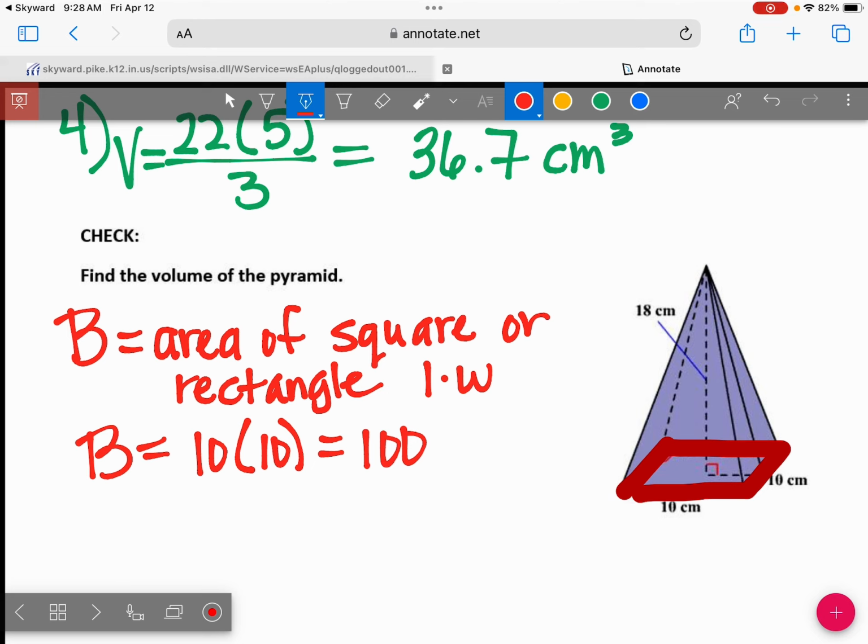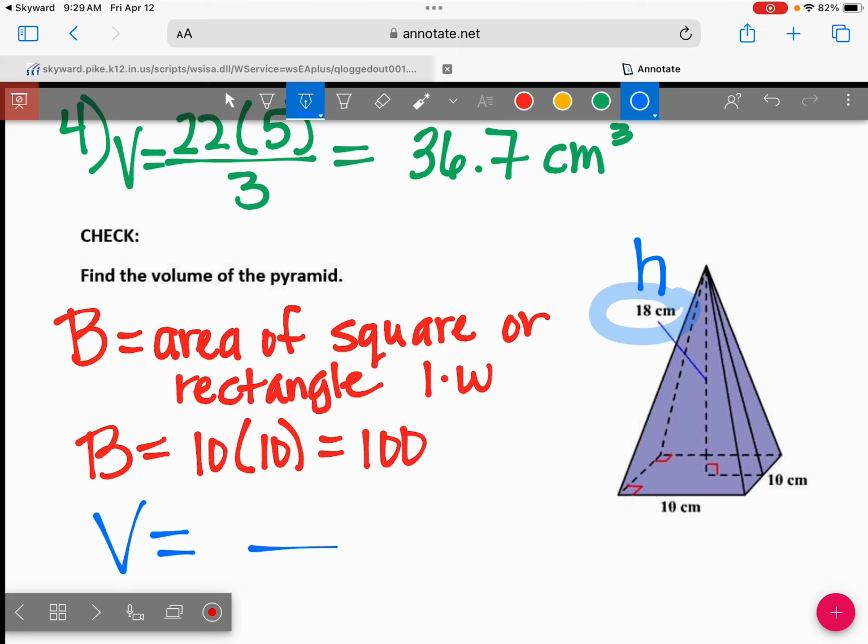And the height, does everyone notice how we have this line going down the middle? But do you see that little right angle down here? That's how you know that this number, this 18, is the height. So volume is going to equal B times H divided by 3.